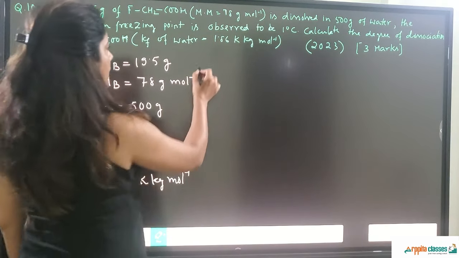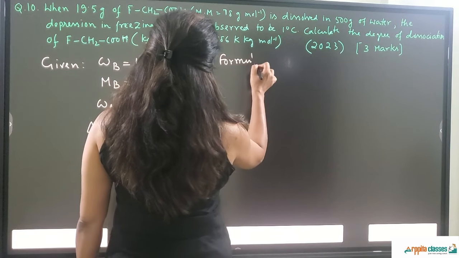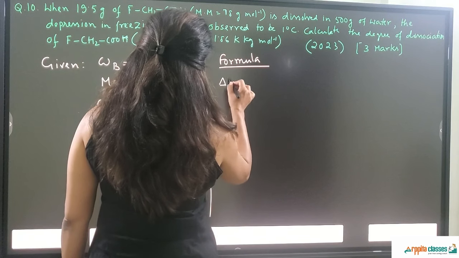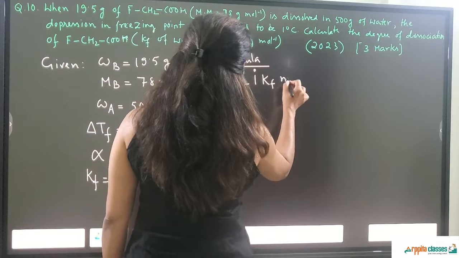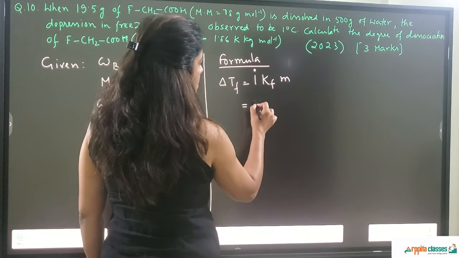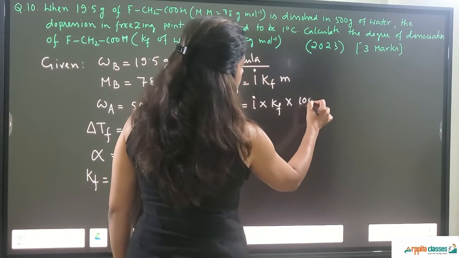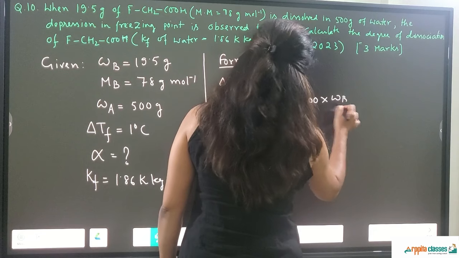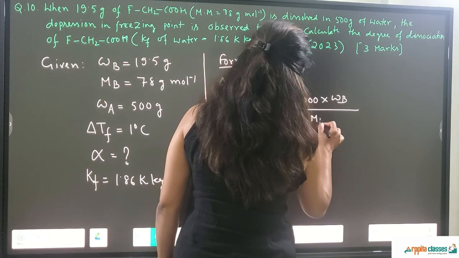So from here we'll use the formula delta TF is equal to I into Kf into m. Now this should be broken down: I into Kf into 1000 into WB divided by WA into MB.